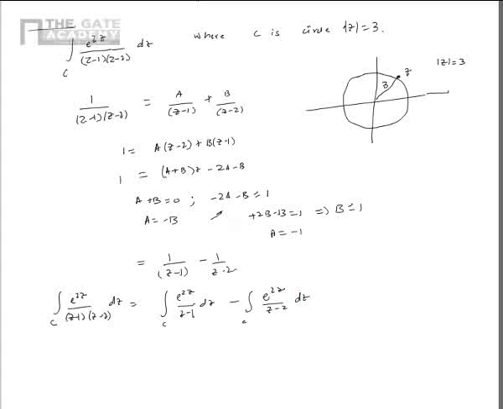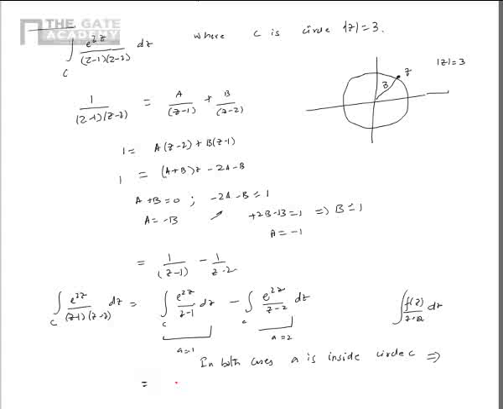Comparing with the standard form f of z by (z minus a) dz, a is 1 and a is 2. So a is inside the curve C in both cases. So we can apply Cauchy's integral formula, because that's the condition for it. A shouldn't be outside; a has to be within or on the curve.